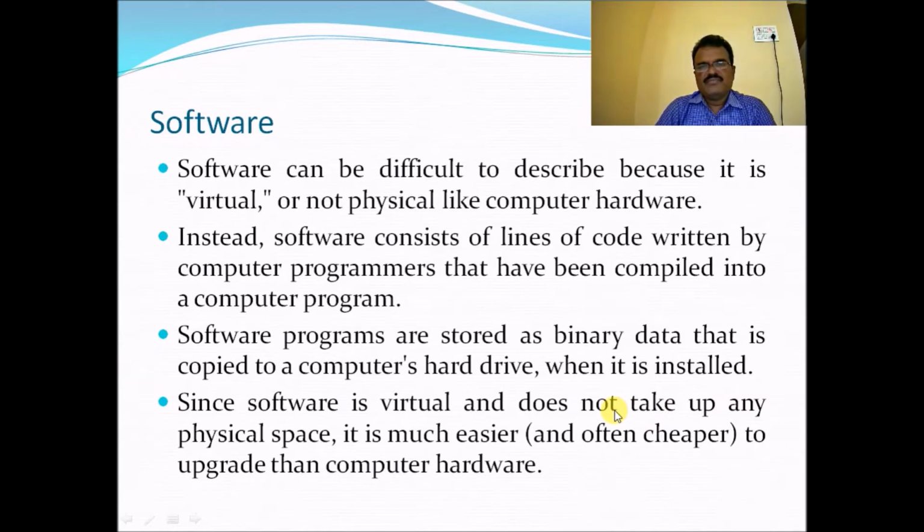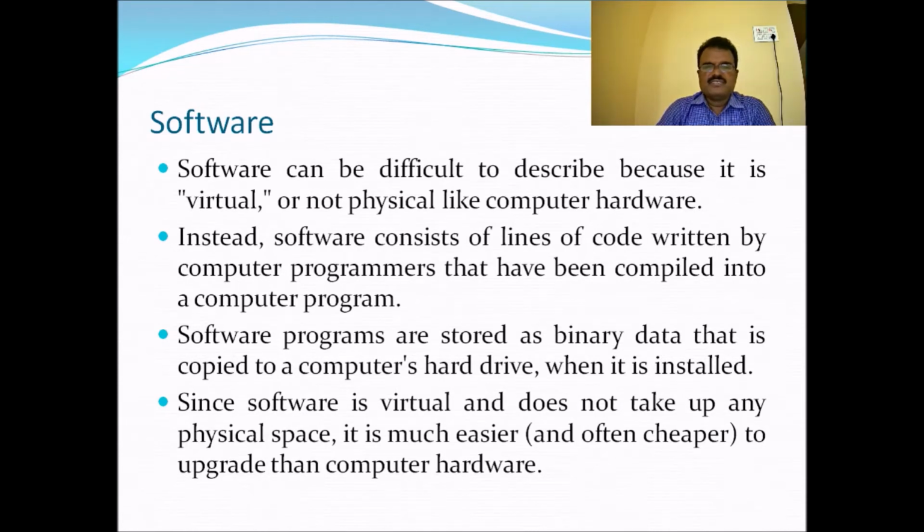Software can be difficult to describe because it is virtual and not physical like computer hardware. So software is not physical, that's why we cannot see it. It is in the form of instructions, in the form of 0 and 1 language. So we cannot see it and we cannot touch it. It's virtual.